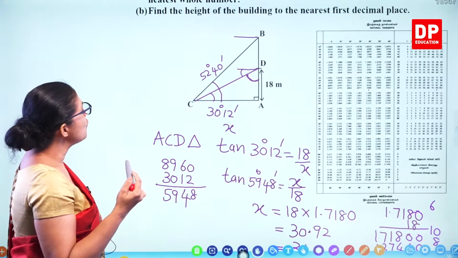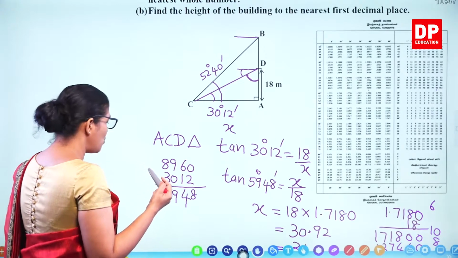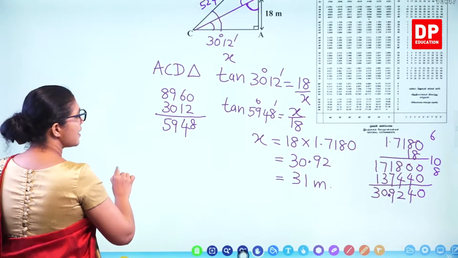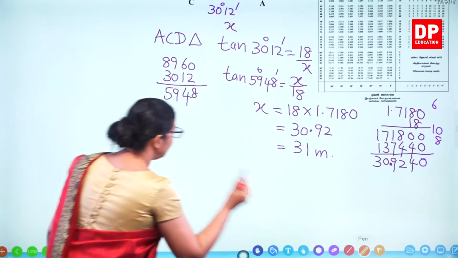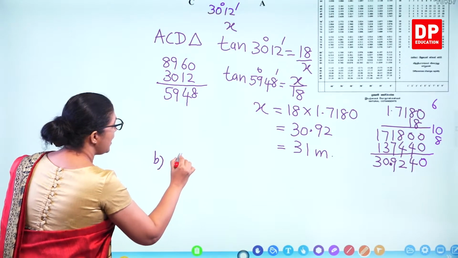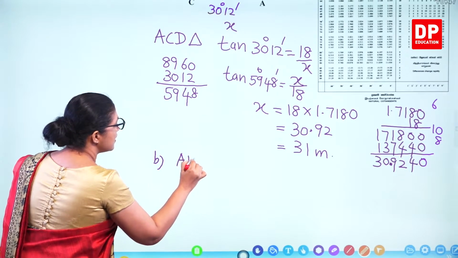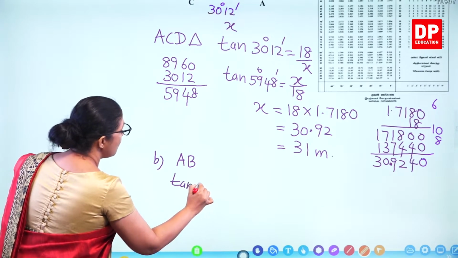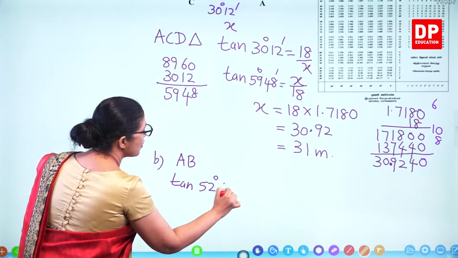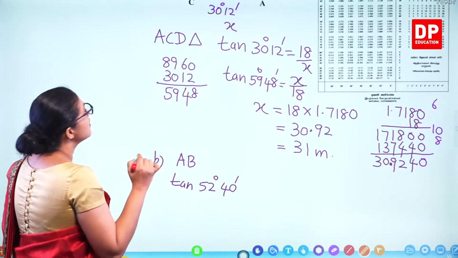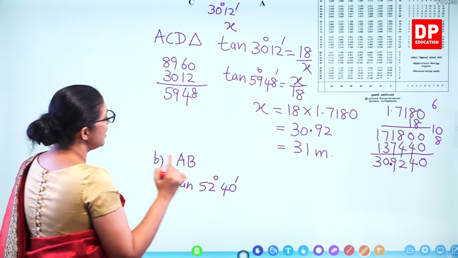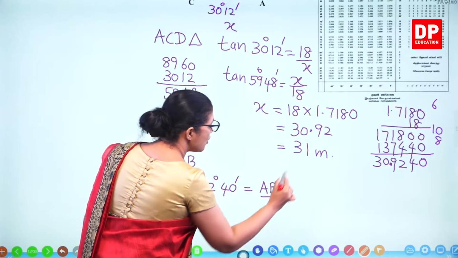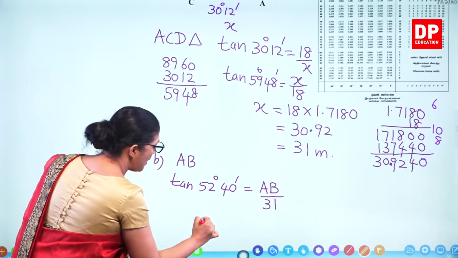So we'll use 52 degrees 40 minutes. Tan of 52 40 is equal to AB over x. X we can use 31. So what is AB?